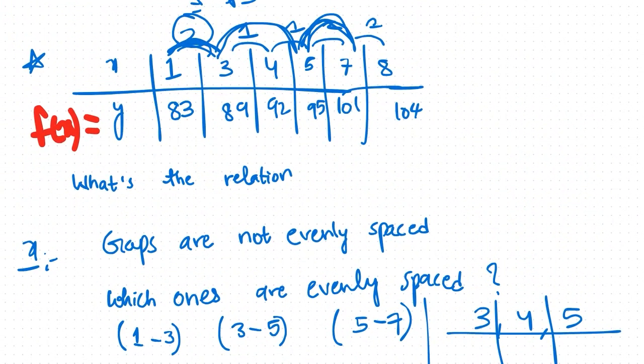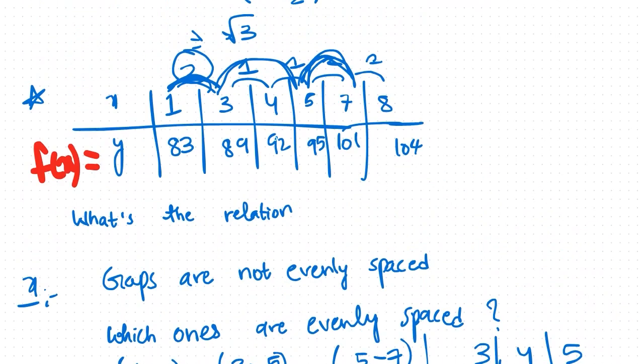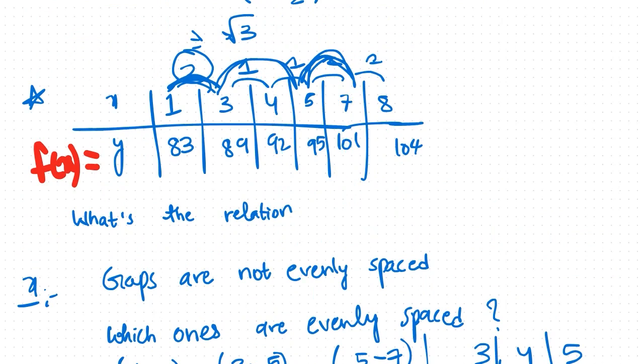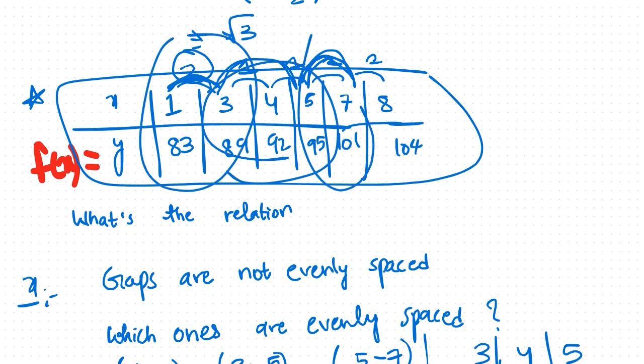It's just that when you are considering 1, 3, and 5, you have to ignore the 4, the 7, and 8. So we modify this table into a 3, 4, 5 table, or we modify it into 1, 3, 5, 7.